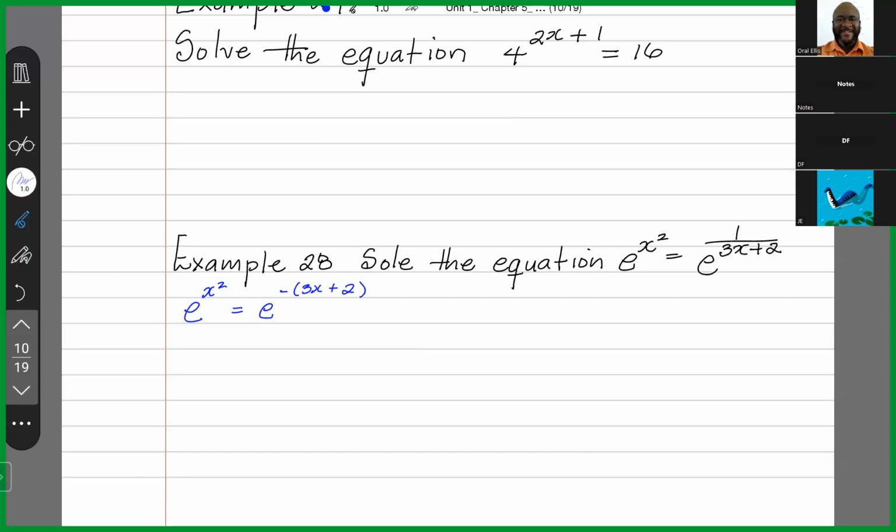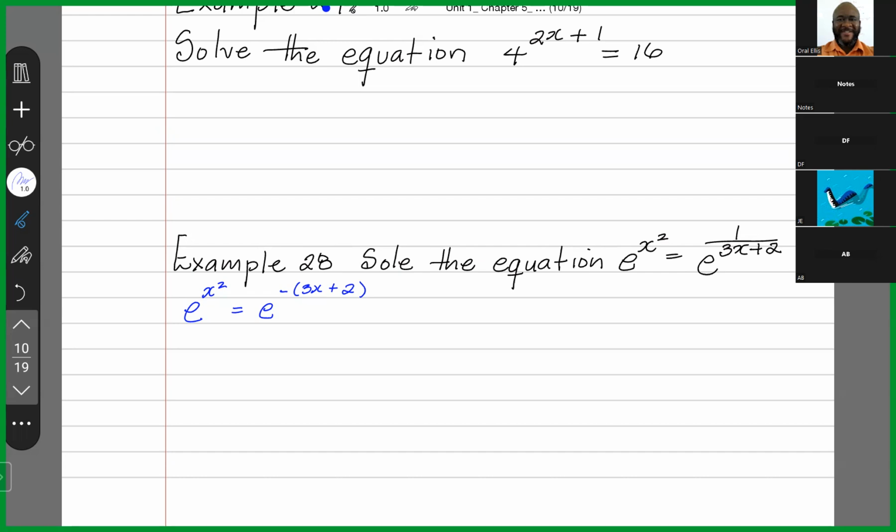And that is simply applying that. The objective of the first step is to get the base to be the same on both sides.